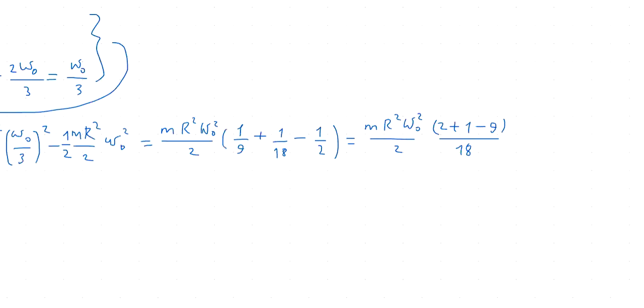Okay, and after simplifying, at last we have m r squared omega 0 squared divided by 6. This is the work of the force of friction. Okay, it is the answer to the second part of the exercise.